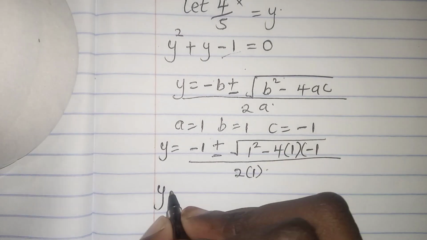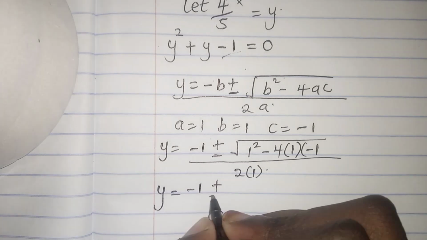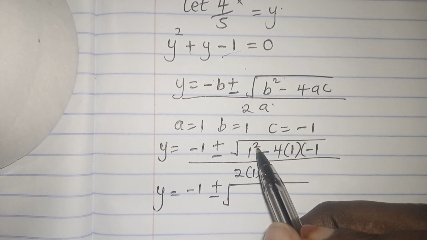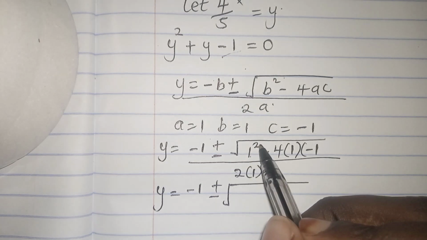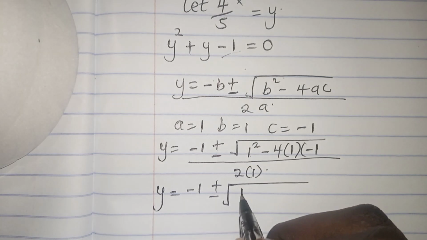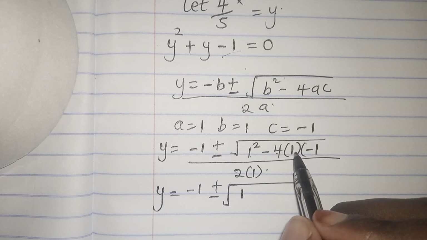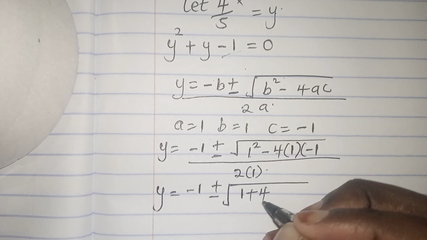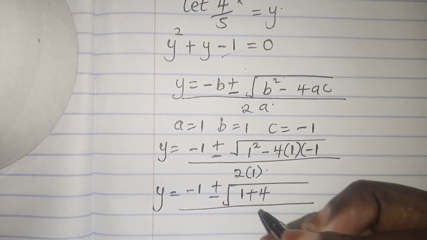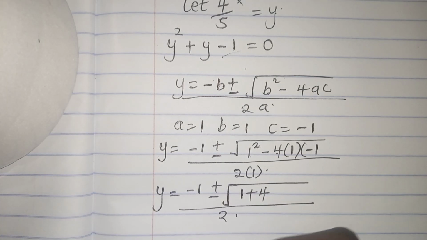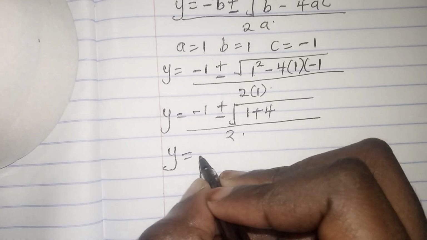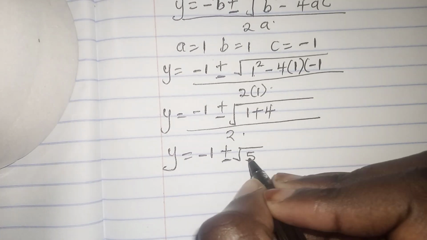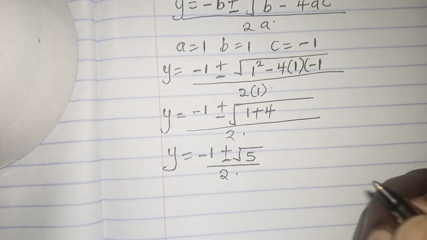Okay, so y is equal to -1 plus or minus the square root of 1 squared, which is 1, minus 4 times 1 times -1, which gives us +4, over 2 times 1 is 2. So let us continue. y is equal to -1 plus or minus the square root of 5, over 2.